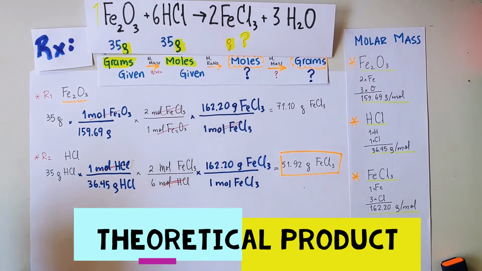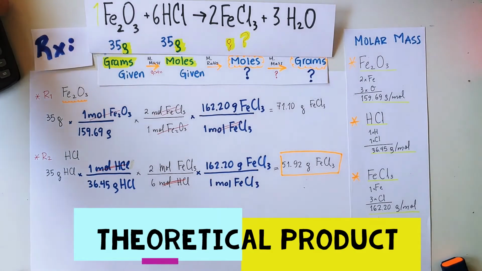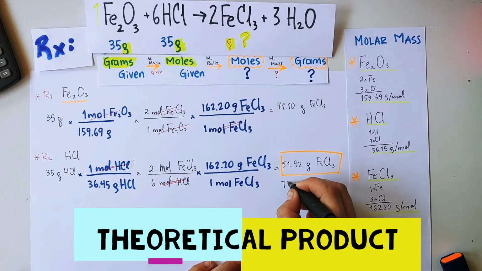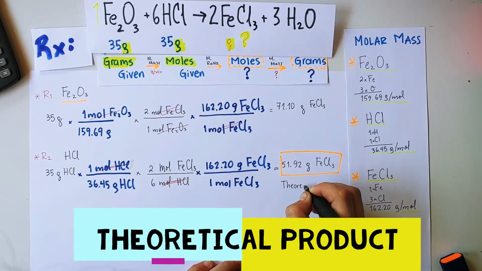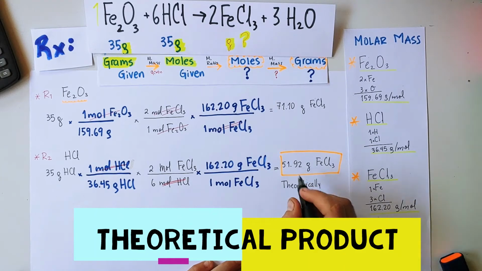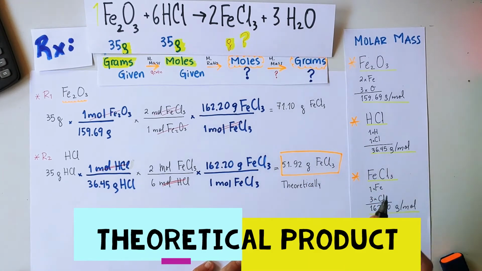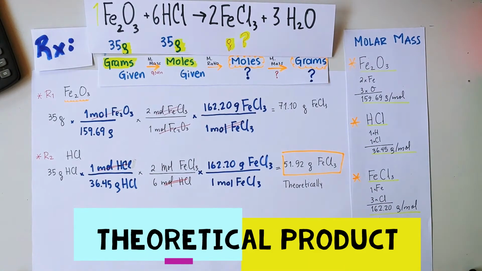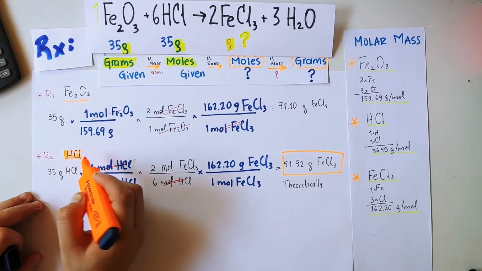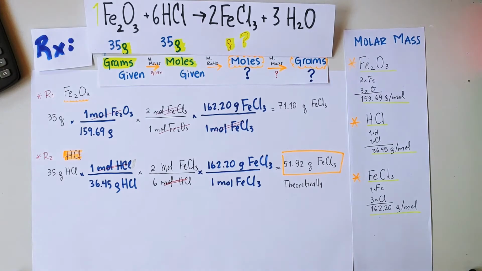This is what we know as the amount that will be theoretically produced. Theoretically, we can produce only 51.92 grams. So the limiting reactant is the reactant HCl, because that one produces the least amount of product.